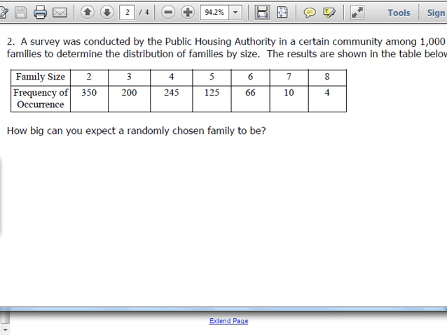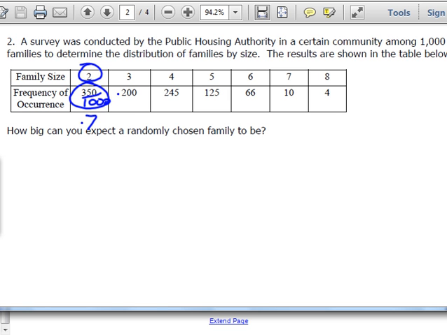They found 350 out of 1,000, which means 0.35 is your probability. This times this will give me 0.7.